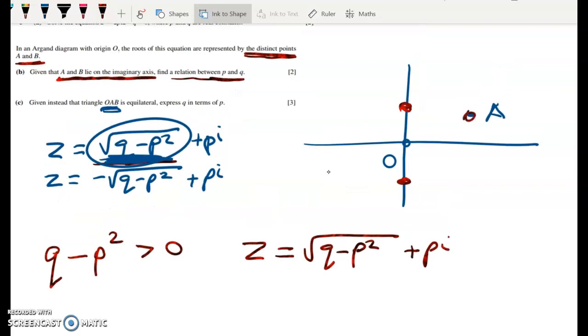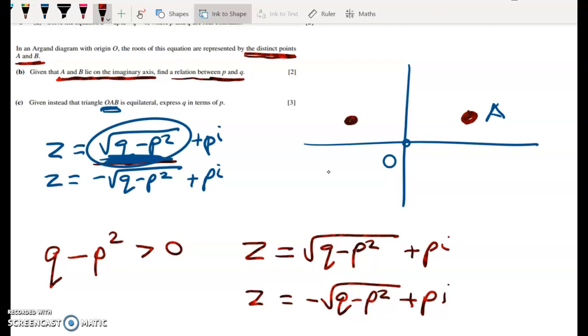So we can whack that onto our diagram here at point A. The second one is the negative of that, so negative root Q minus P squared plus Pi. And we can draw that in on the Argand diagram, and it's going to sit over here. So that's for the general case.